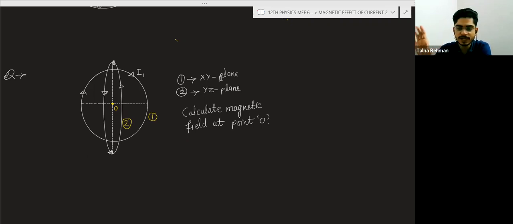Negative or positive you will get by applying the modified right hand thumb rule. And if your coil is in the YZ plane, then the direction of your magnetic field will be along the x-axis. Okay, YZ and x-axis. So two coils are given.